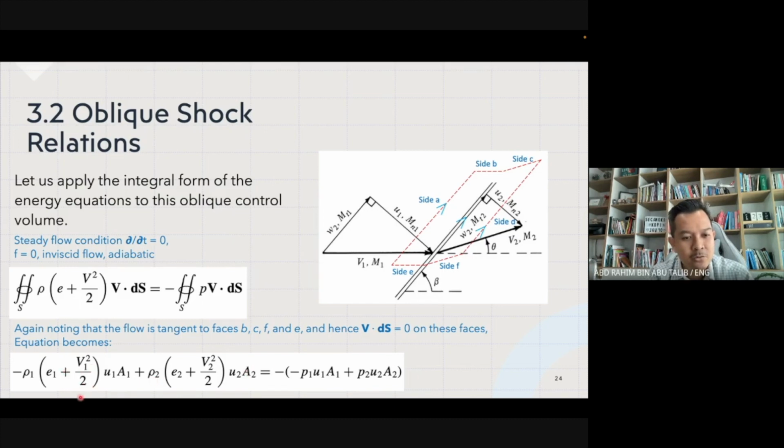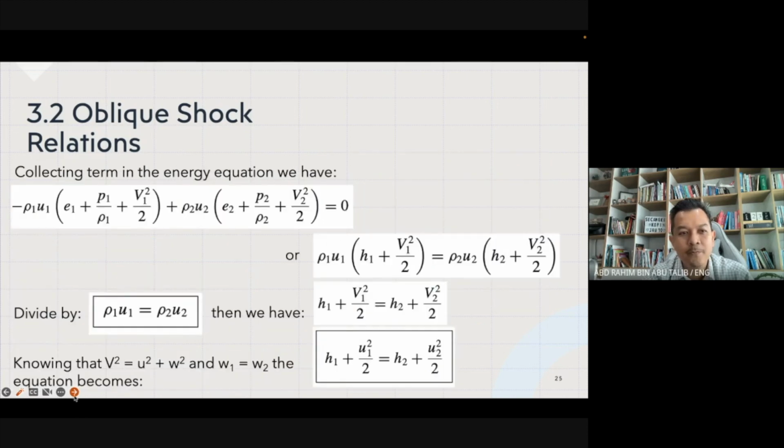So let us continue. Collecting terms in the energy equation, we have this expression. We rearrange that in terms of the enthalpy h, so from here we can change into h1 and h2, divided by the continuity equation that we already obtained earlier.